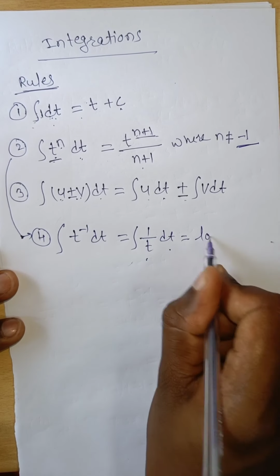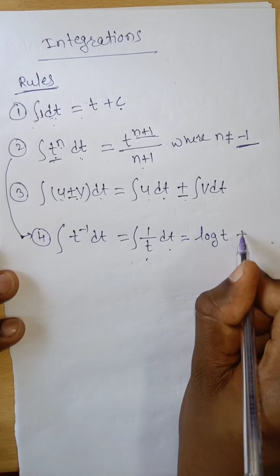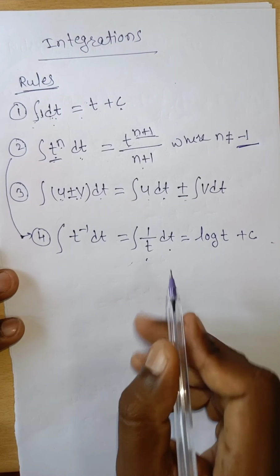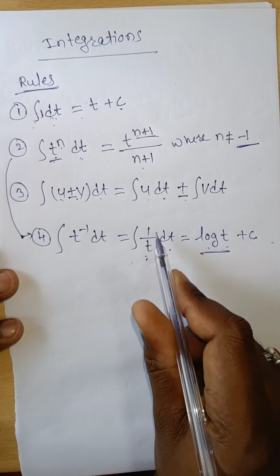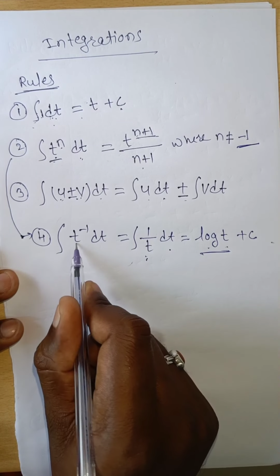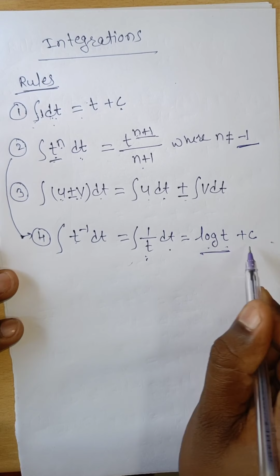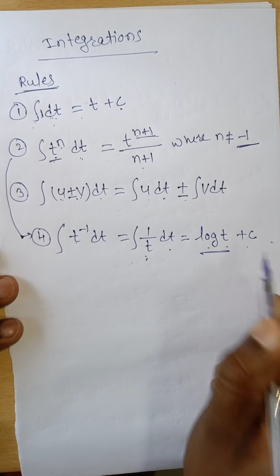This is nothing but log t plus c. Integration of 1 by t, or t to the power of minus 1, is log t plus c.